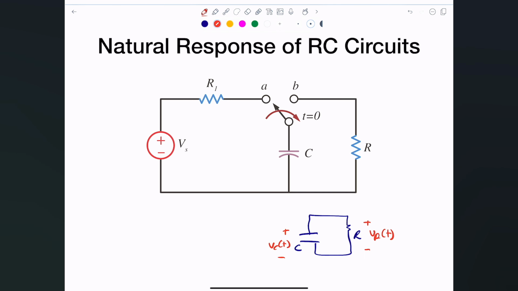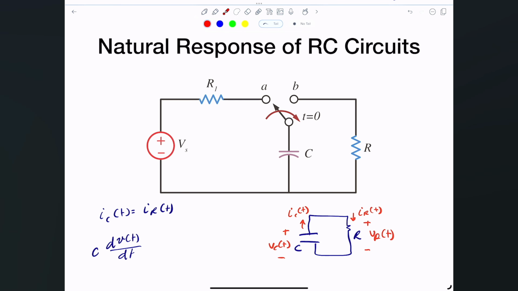All right, so the way we're going to do it is the following. I'm going to assume that we have a current IC of t, and of course it is the same current flowing through IR of t. So I can say that IC of t equals IR of t. That's the equation. We know IC of t is C times dV/dt, but what I need you to pay attention to is that this particular current is going into the negative side of the capacitor, and I'm writing the capacitor current, so I need to put a negative here.